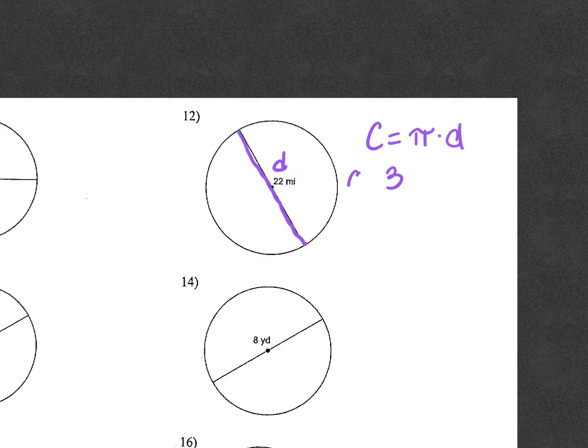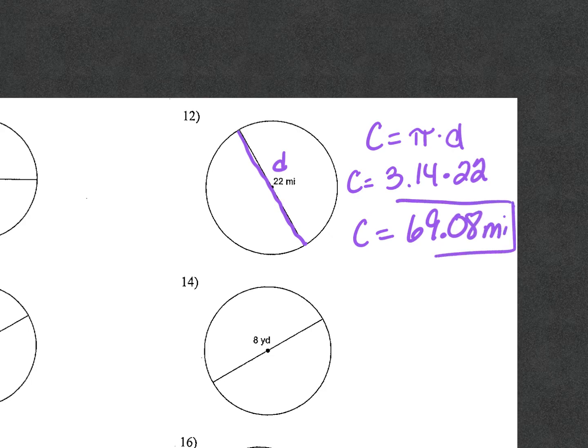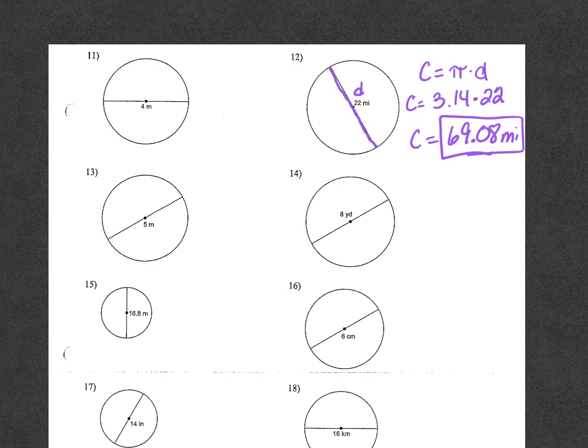So C equals 3.14 times 22. So C is equal to 69.08, and this is going to be miles. And you are done there. Okay, you have an answer bank, so please feel free to use that and cross those off as you go.